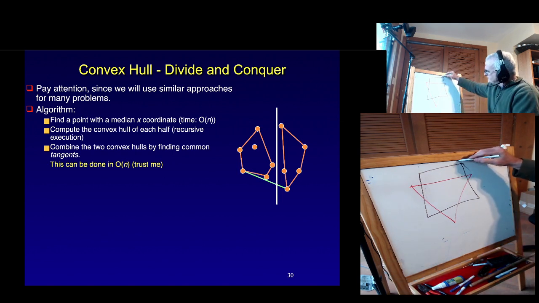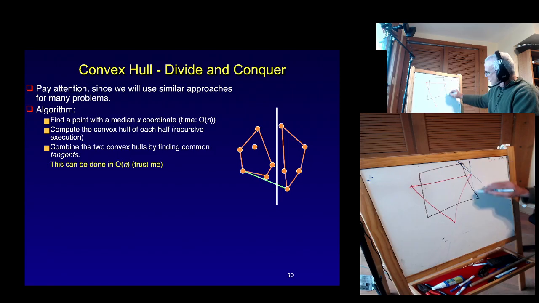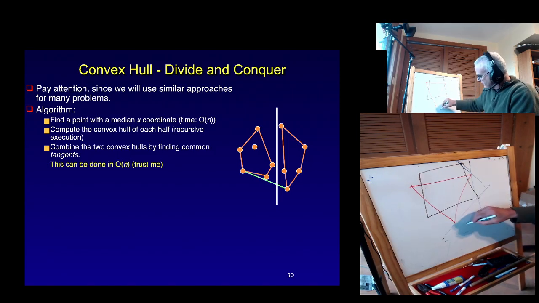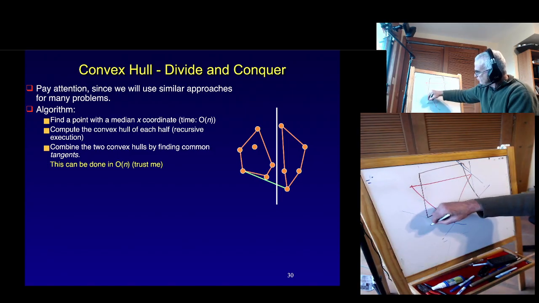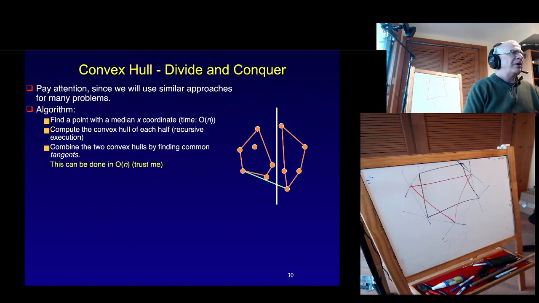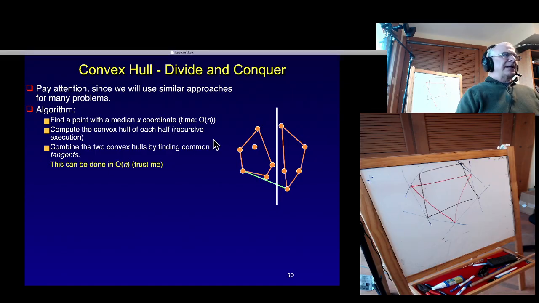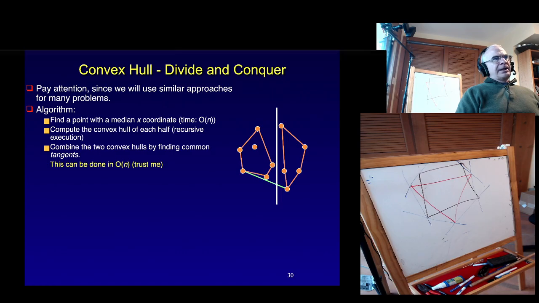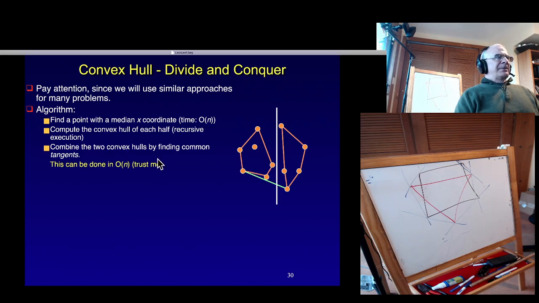I can have this as a common tangent, this one, this one, this one, etc. I'm only limited by how many vertices. So I can have n tangents out there, but once the two polygons don't have a point in common, there can be only 4 common tangents.